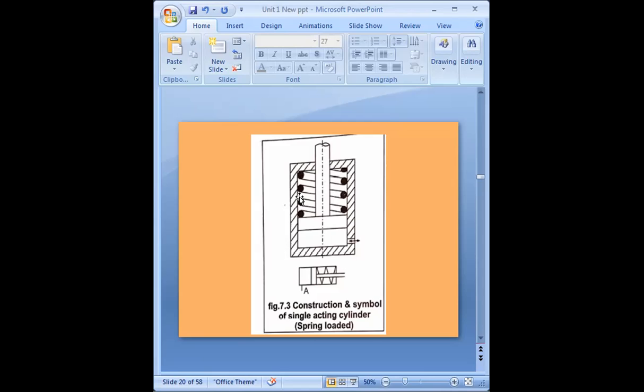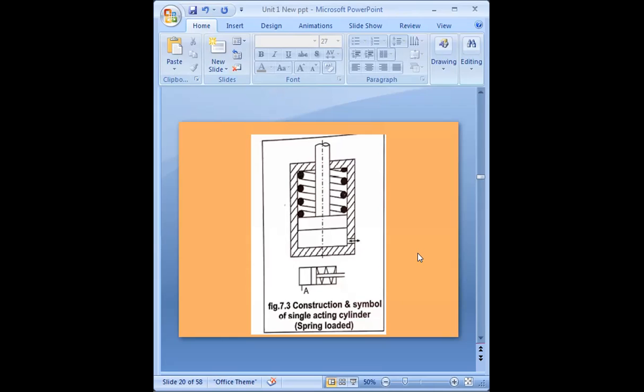That means whatever return action is going to happen now, that may happen due to gravity or due to the spring.